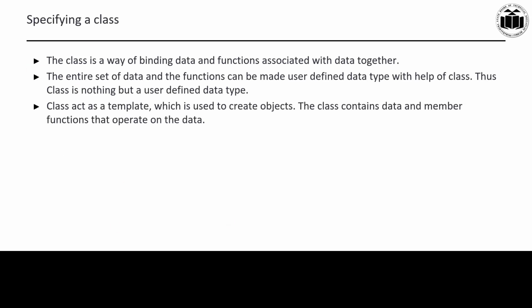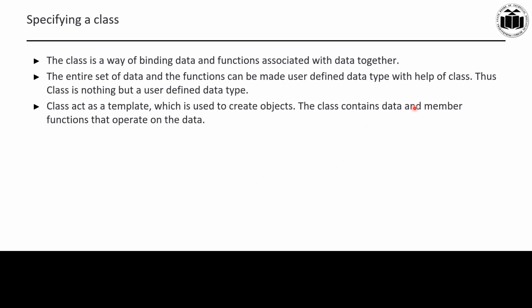Now next is how you will specify the class. As you already know, class is a way of binding data and functions associated with data together. So in class we can have data and functions, and class acts as a template to store the data and functions. So the entire set of data and functions can be made as a user defined type, because class is a user defined data type, and class acts as a template which is used to create the object.